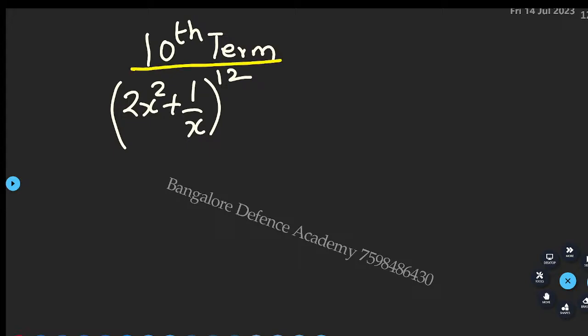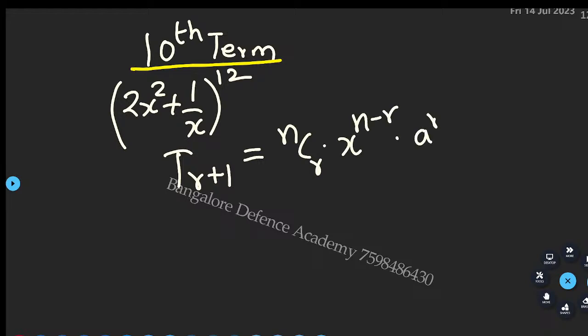The 10th term. So I am going to use a formula, t r plus 1 is equal to, what is that? Tell me everyone together. nCr x to the power of n minus r into a to the power r. Which term do I have to find? So can I write t10? This 10 is written as r plus 1.